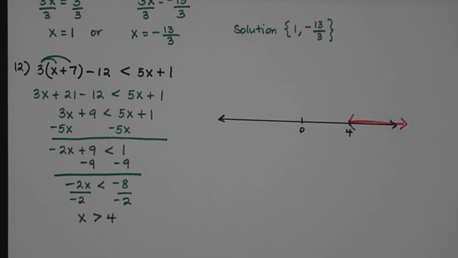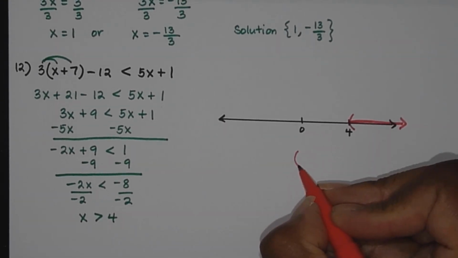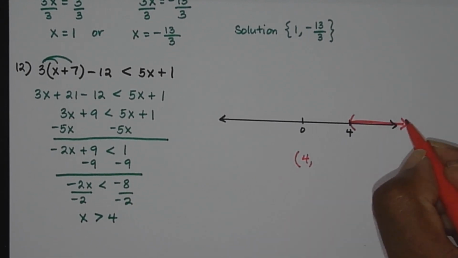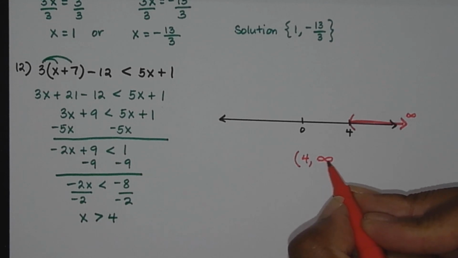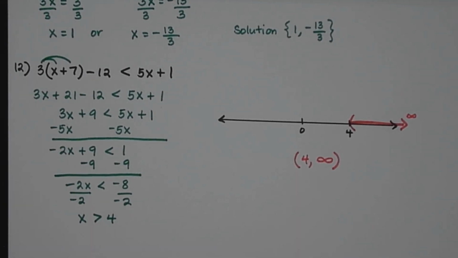And then identify that solution set in interval notation. The 4 has the left parentheses, so it'll be 4. This goes indefinitely to the right, so it'll be from 4 to infinity. And it's an open interval, 4 to infinity.